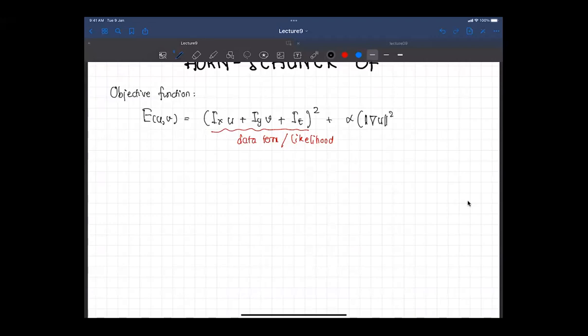You minimize this, which means that we encourage the gradient of U to be 0, the gradient of the motion to be 0. It means that the surrounding U have to be the same. Another one is, of course, V. The gradient of V squared is also encouraged to be 0. We minimize E. Remember, we minimize E. So this is called the smoothness prior.